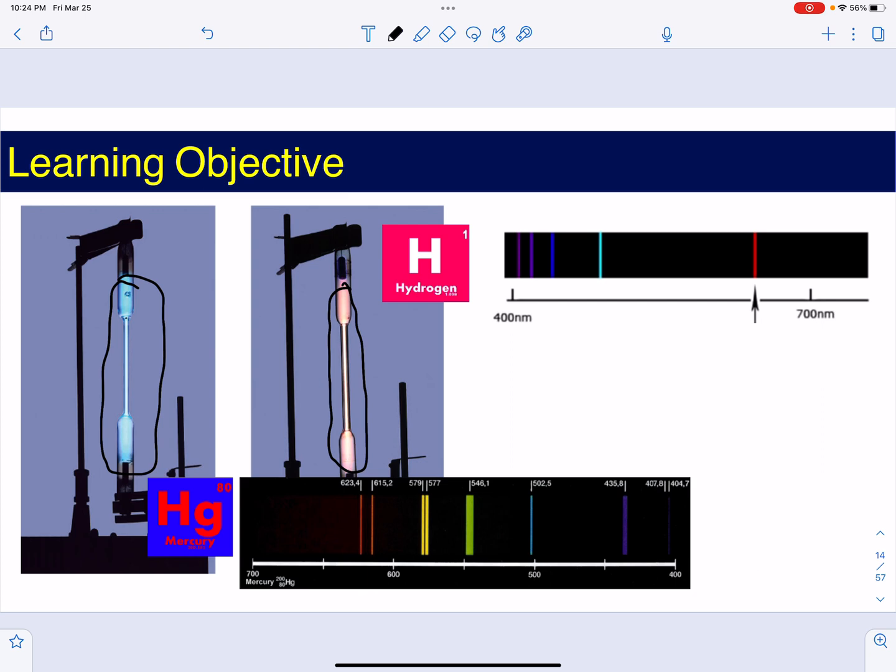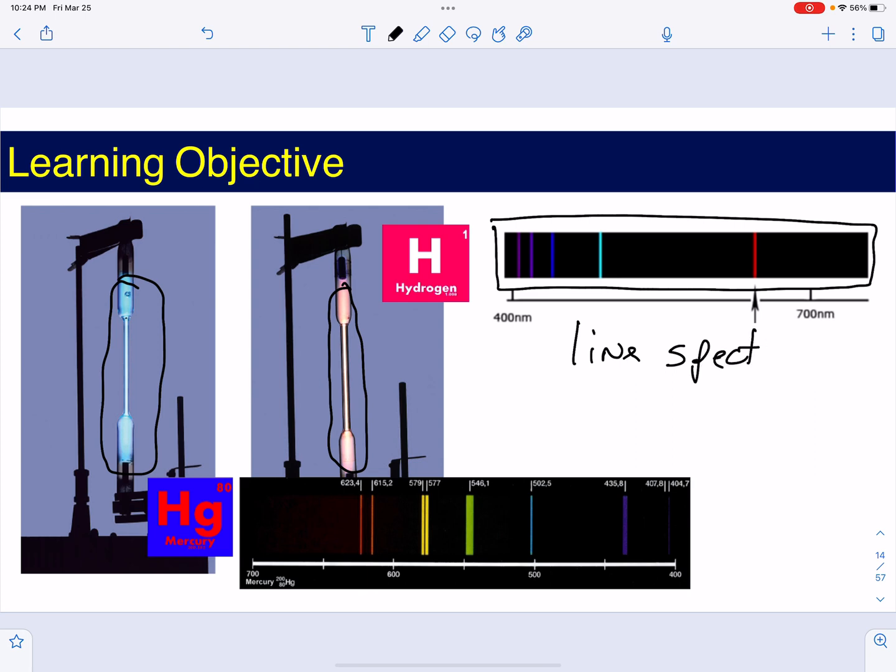And if we take those lights coming from those elements and put them through a prism or something similar, like we did with the light that gave us the rainbow, we see that they show a line spectrum.